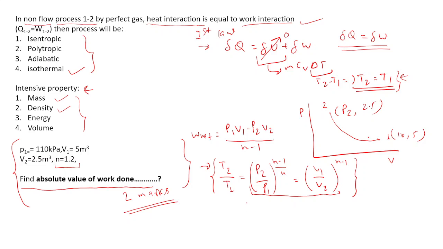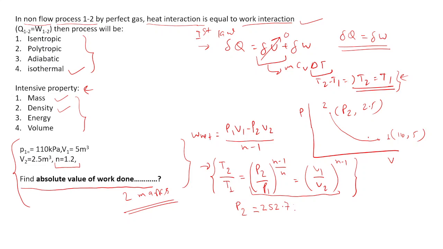So after calculating, what would be the value of P2? You know V1 is 5, V2 is 2.5, P1 is 110, and n is 1.2. Let me know the value of P2. Sir, 252.7.